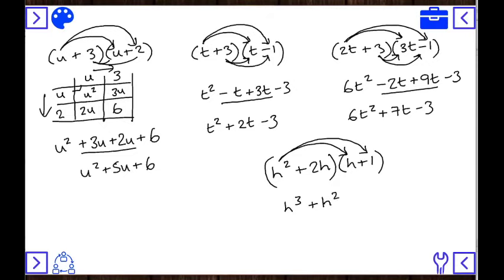This one, 2h times h, will be 2h squared, and then this one, 2h times 1 is 2h. Now with this one, the 2 middle terms this time do simplify together to give me a term involving h squared, so always look out for this. So we've got h cubed plus 3h squared and then plus 2h.